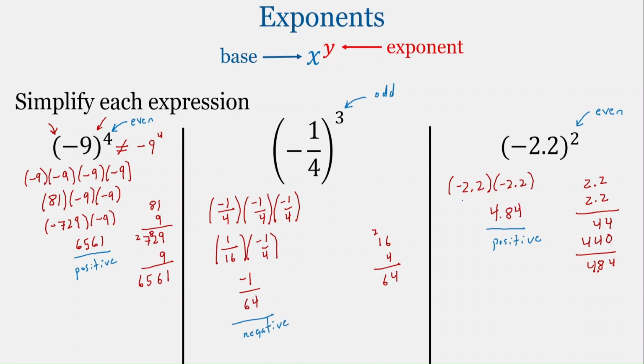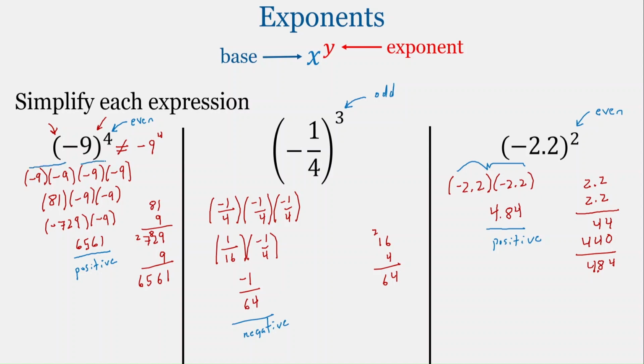And this is because when we multiply a negative number an even number of times, we're always going to have a pair of negative numbers. And a negative times a negative is a positive. So over here we have pairs of negative 9. So we have one pair here. That's a positive number.